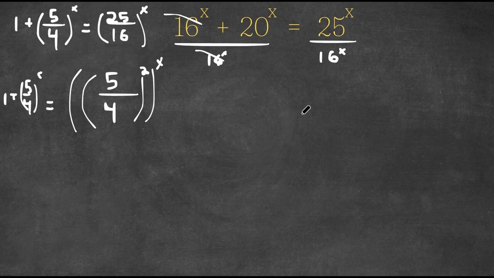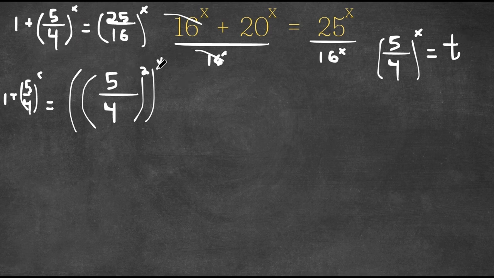So now what we're going to do is let 5 over 4 to the power of x equal t. So I'm going to assign it to the variable t.